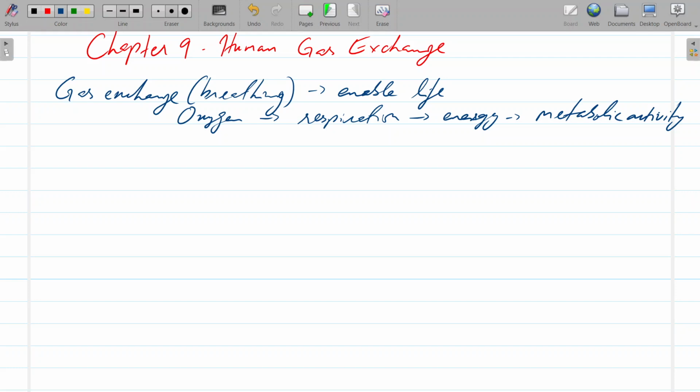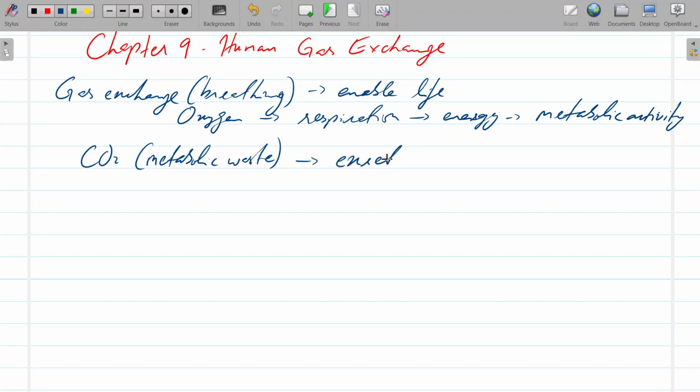And then, as a consequence of gas exchange, CO2 is produced, which is a metabolic waste. As we talked about in the previous chapter, if it is a metabolic waste product, it is excreted.